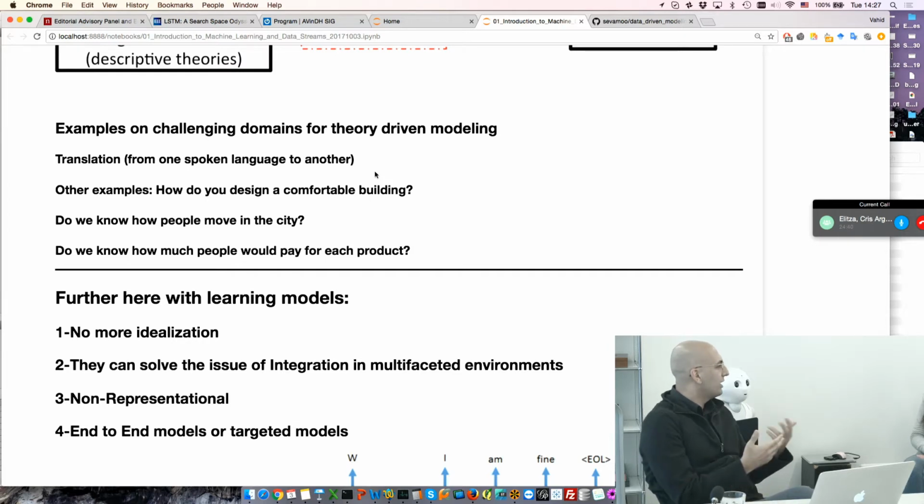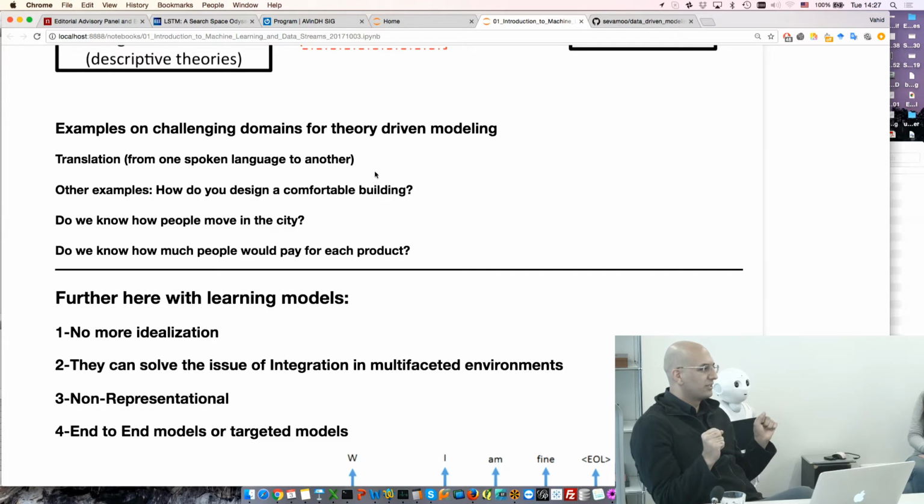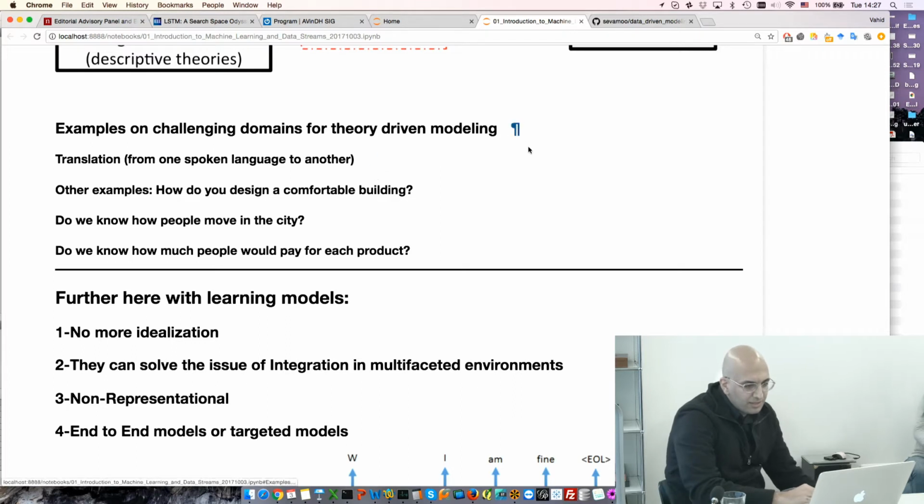But how do they know what would be the reaction of the people? If you start with those models, at the end you find that most smart home applications don't work, because they assume a generic and idealized user living in the house.